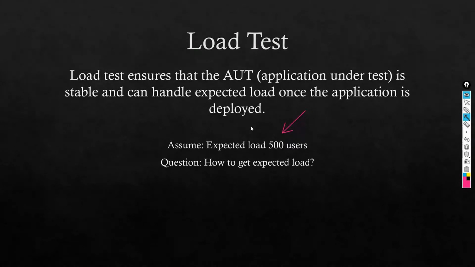Based on the input we get, we perform the load test with that number of users. So this is very simple. And one more thing: any load test will run for 1 hour, a steady state of 1 hour. I'll explain what steady state is in our upcoming sessions, but just remember that the load test will be executed for 1 hour.